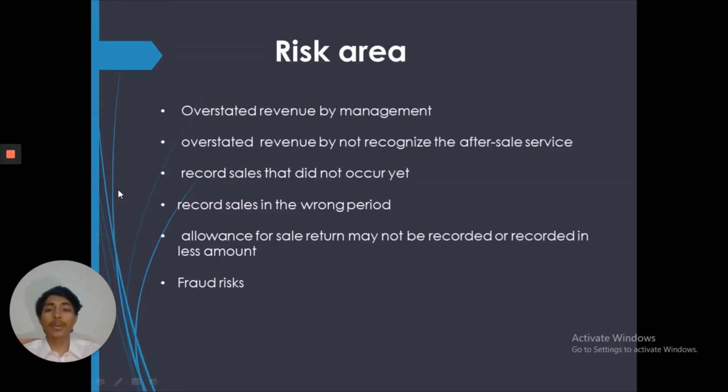Some businesses record fake sales, so it seems like they are doing well, but their actual sales are quite low compared to the revenue they showed in the financial statement. Sometimes business records sales in the wrong period, like they sold the product in 2021, but they record the revenue in 2020.